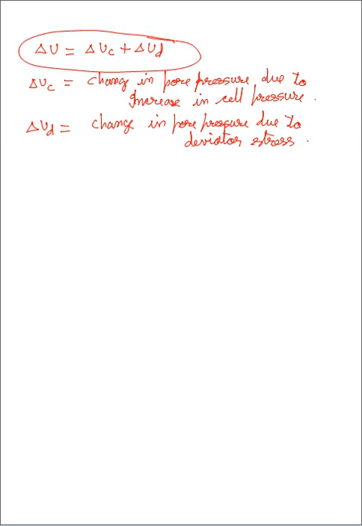We have to sum up the change in pore pressure due to cell pressure as well as due to deviator stress. The final formula of delta u, the change in pore water pressure, is equal to B, capital B, into bracket delta sigma 3 plus capital A into delta sigma 1 minus delta sigma 3.